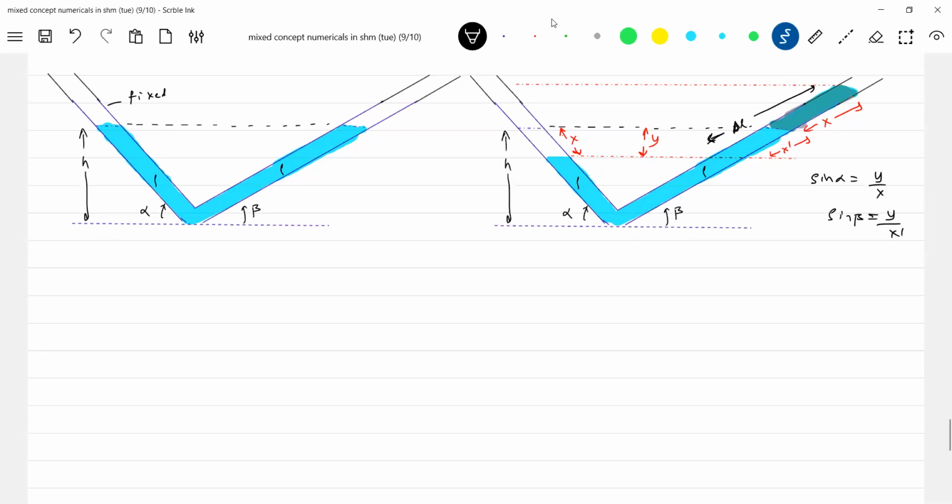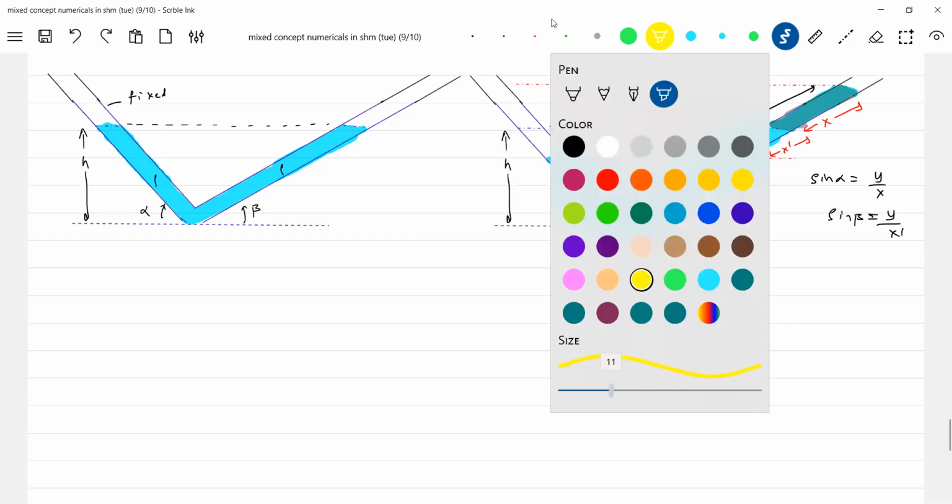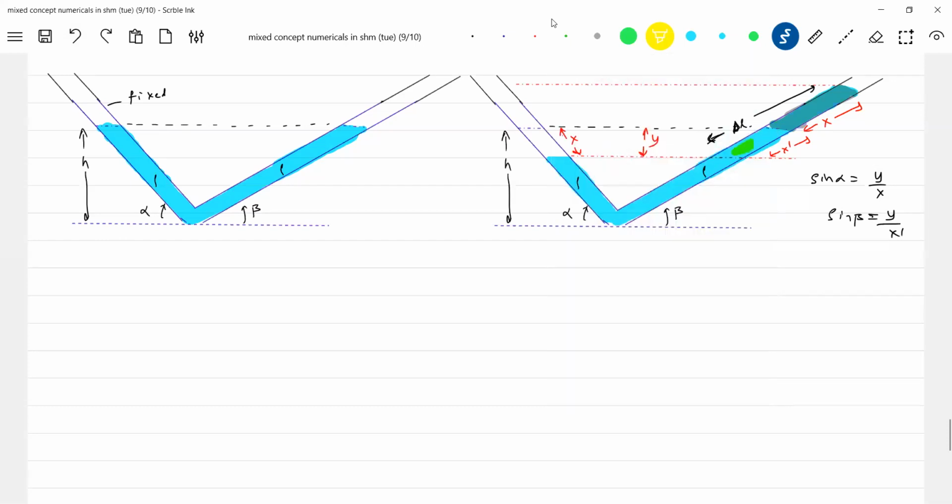Total length, let me call delta L. Why that delta L has to be taken is: I made that green color so that this length of liquid column will become like a restoring force.